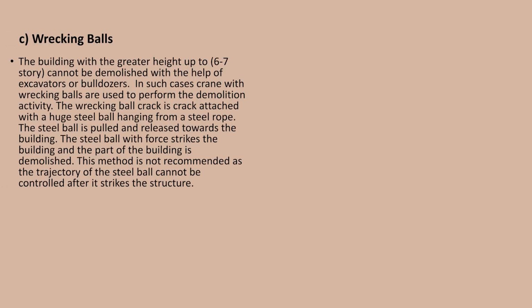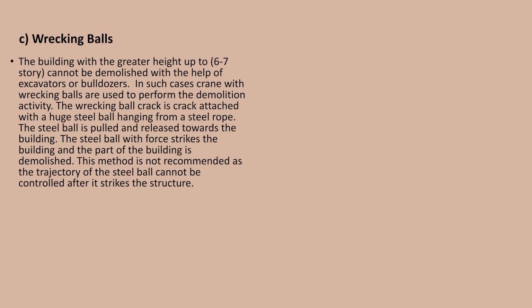A building with a greater height of 6 to 7 stories cannot be demolished with the help of an excavator or bulldozer. In such cases, a crane with a wrecking ball is used to perform the demolition activity. The wrecking ball is attached to a huge steel ball hanging from steel ropes.